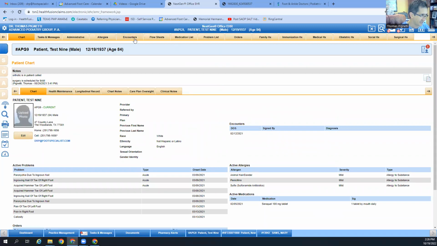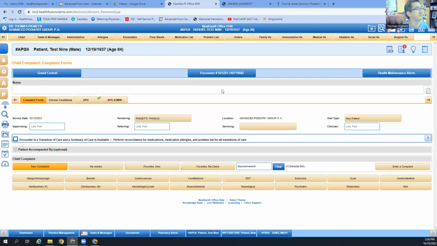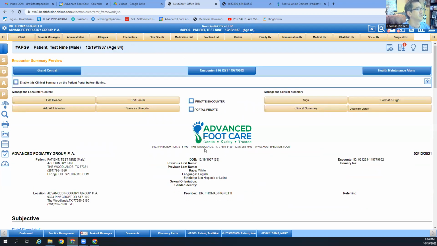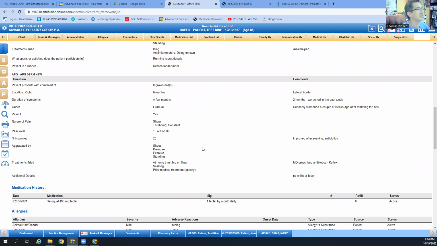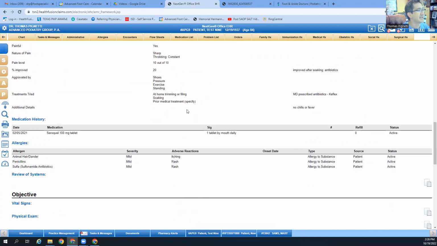Remember, this is the patient that we have already gone a little bit over with regards to their different complaints, an ingrown toenail as well as heel pain. I guess I said the right great toe. Okay, whatever, to make it complicated that way. So it's the right great toe.